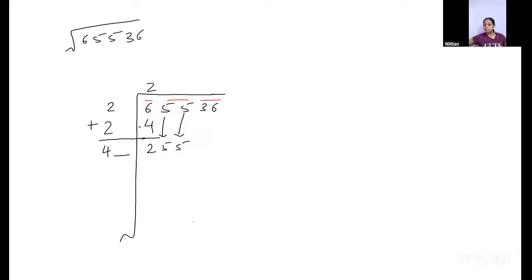Since 255 is ending with 5, I will try out with 5. 45 into 5. 5 5s are 25, 5 carry 2, 5 4s are 20 plus 2, 225. There I have it. 225 is a number that is just smaller than 255. So add 5 here and 5 on the top and write 225. We will subtract it.